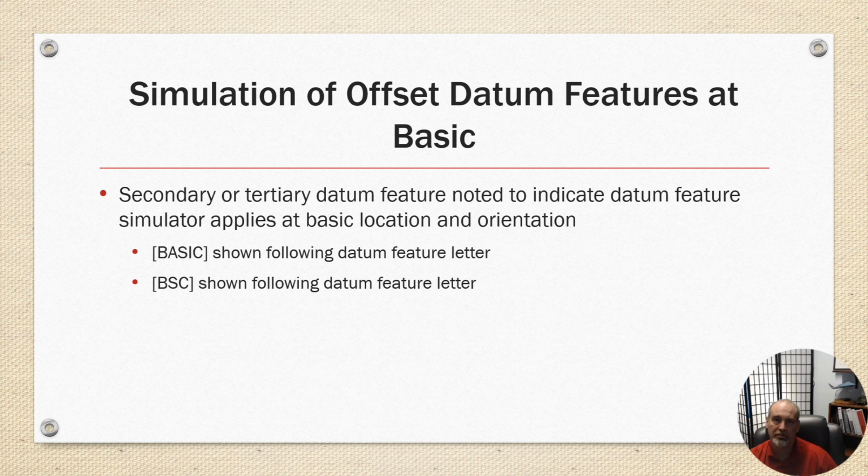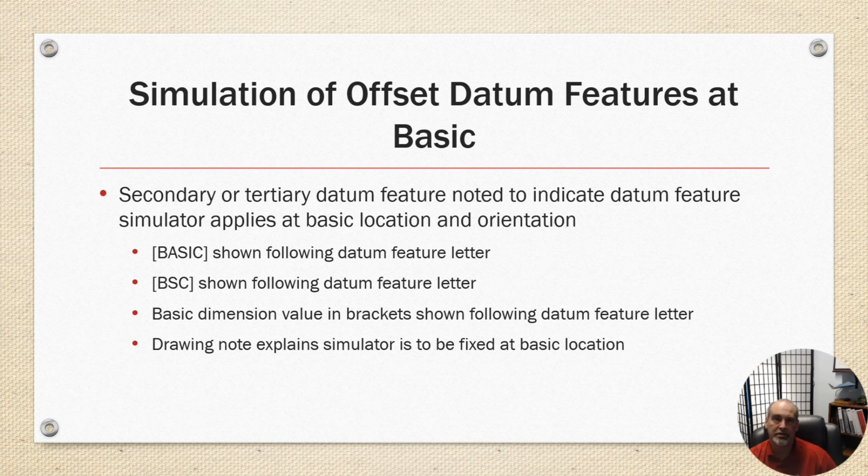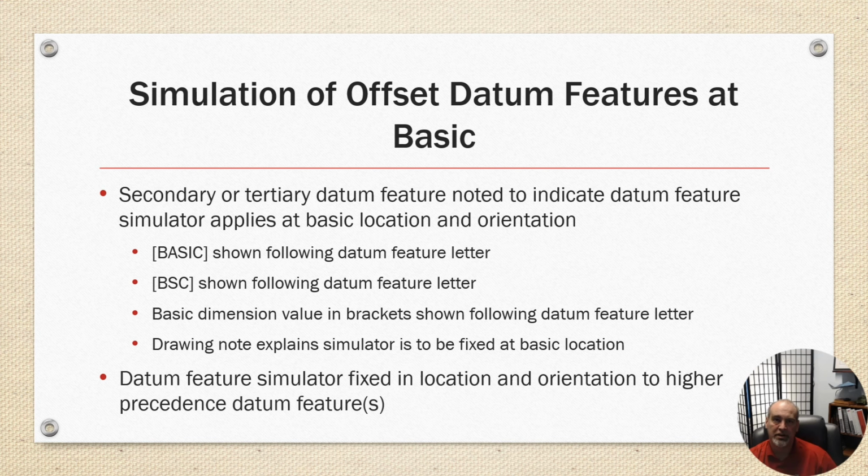BSC is shown following the datum feature letter. The basic dimension value in brackets is shown following the datum feature letter. And a drawing note explains the simulator is not to be fixed at the basic location, and the datum feature simulator is fixed in location and orientation to a higher precedence datum feature.